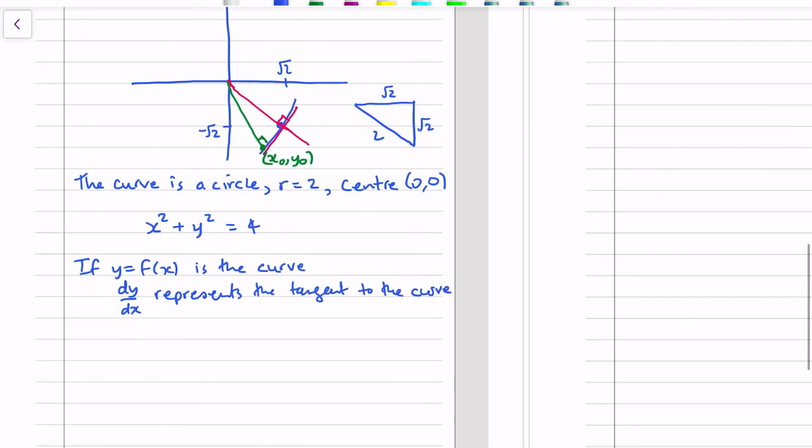We know that this normal must go from the curve to the origin, and so if we were finding the equation of this normal, we would need to find negative dx/dy. Negative dx/dy is the gradient of the normal. Okay, because two lines that are perpendicular, their slopes will multiply to make negative 1.